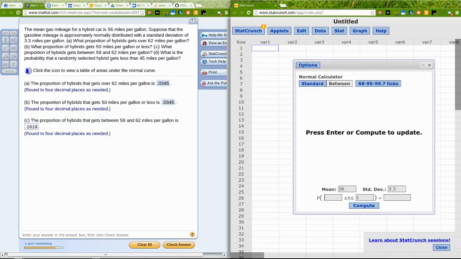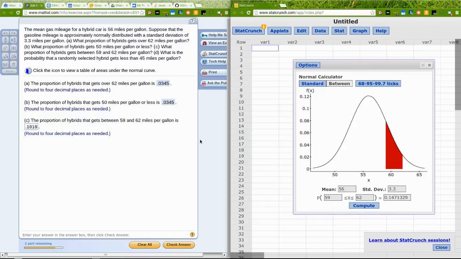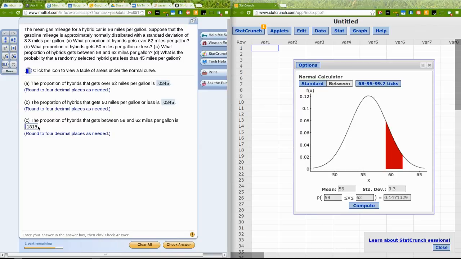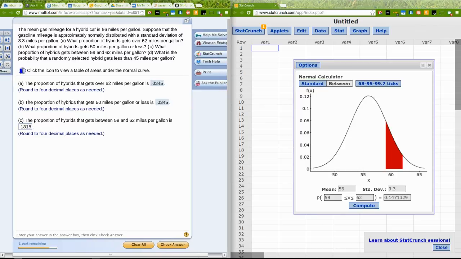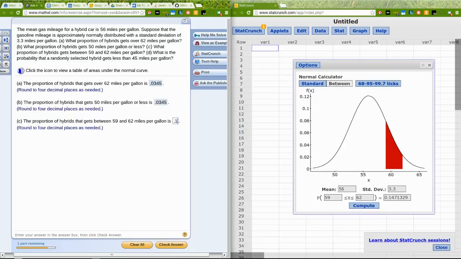We're just going to input 59 as the low end of the interval, and 62 as the higher end. So the probability that the random variable is between 59 and 62 is 0.1471, if I've rounded right.